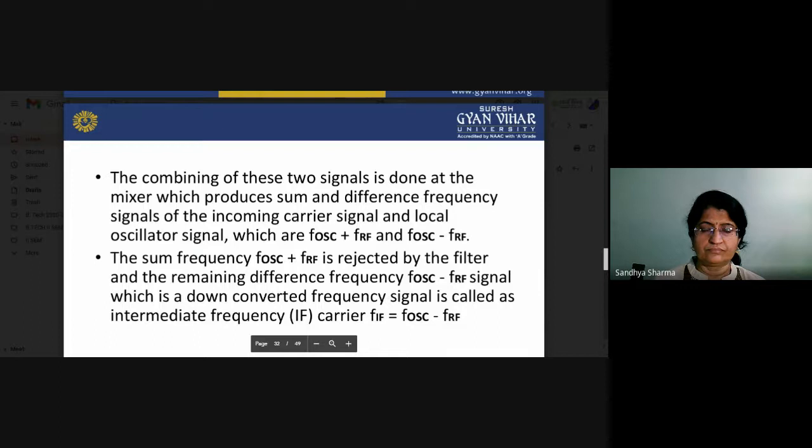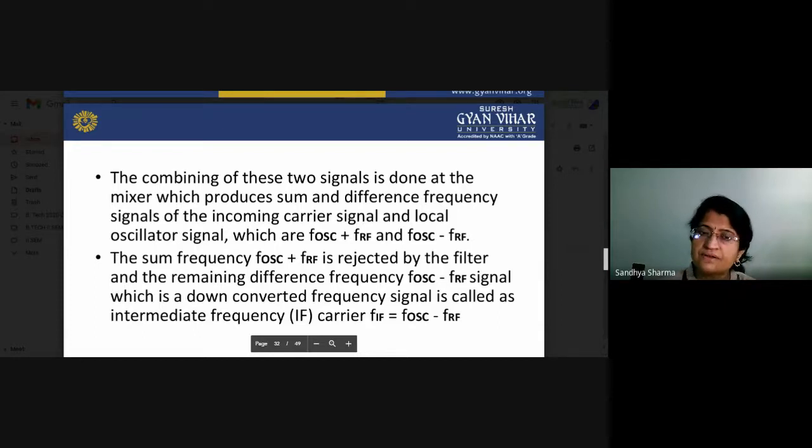Now the combining of these two signals is done at the mixer, which produces the sum and difference of the signals. The sum frequency FOSC plus FRF is rejected by the filter, and the remaining difference frequency FOSC minus FRF is the down-converted signal.